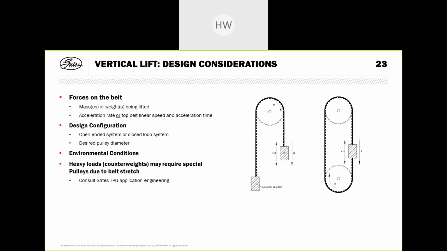On these applications, especially when it comes to very heavy loads, we have to respect that because of the elastic elongation of the steel cord, we may have to use specially designed pulleys so that we respect the elastic elongation around the circumference of the pulley.